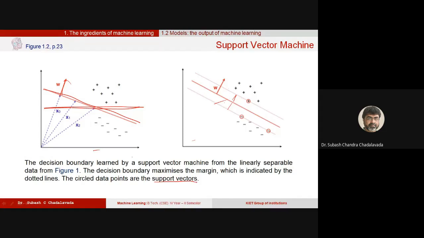Now the decision boundary learned by a support vector machine from linearly separable data from figure 1, the previous picture, or this picture, maximizes the margin, which is indicated by the dotted lines. This is the maximum width of your boundary.